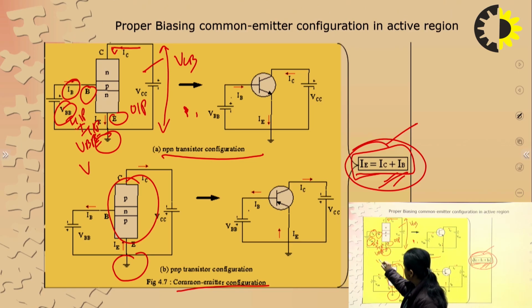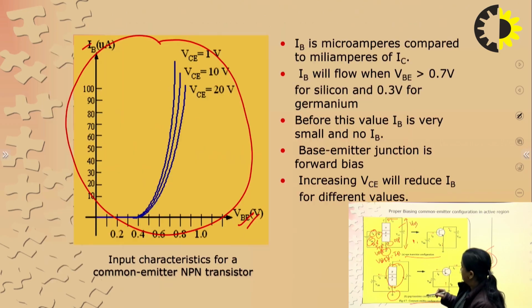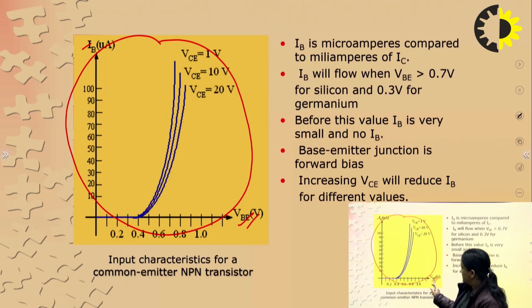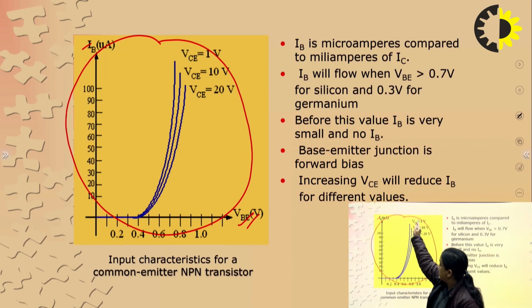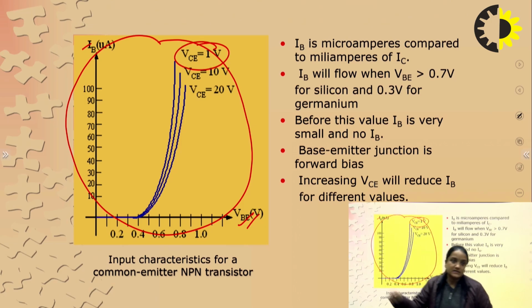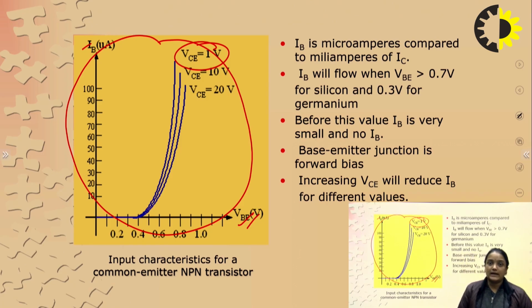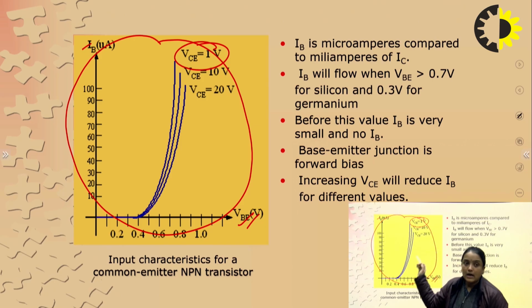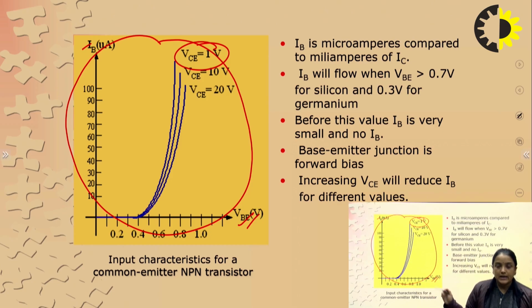Input characteristics is basically VBE versus IB, taking your VCE as constant. What is VCE? That is the collector output voltage that we are getting at the emitter collector junction. So keeping VCE constant, we are obtaining the input characteristics of BJT in common emitter configuration.